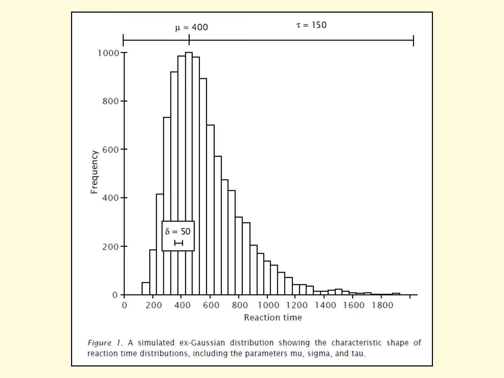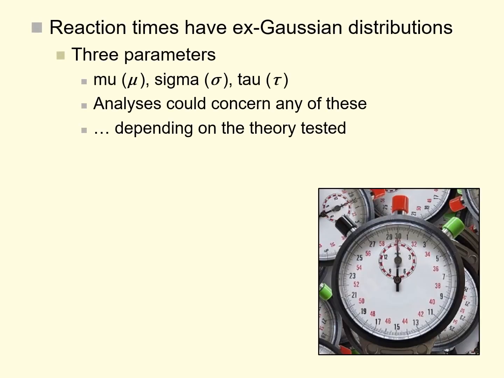In this case, the center of the distribution is around 400 milliseconds, but sometimes they respond much more slowly, stretching way out to a full second out, or a second and a half out, or further on.